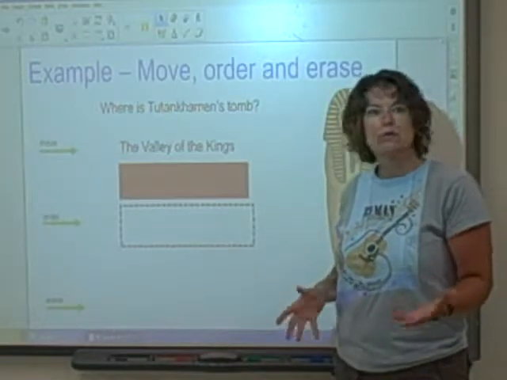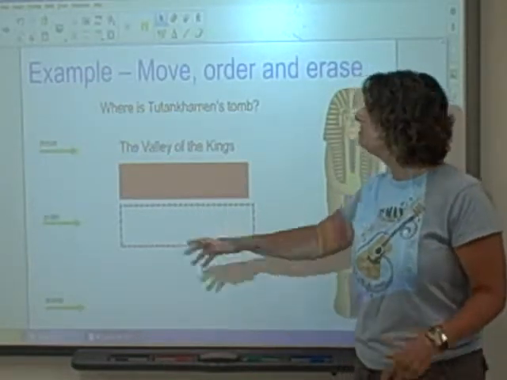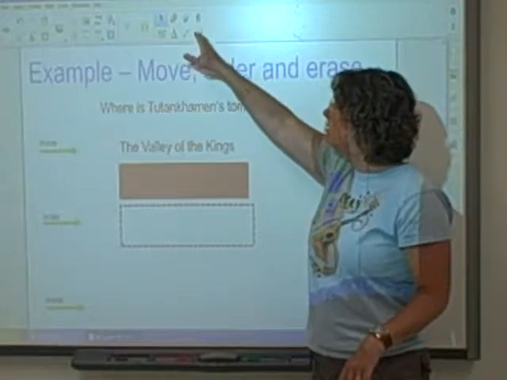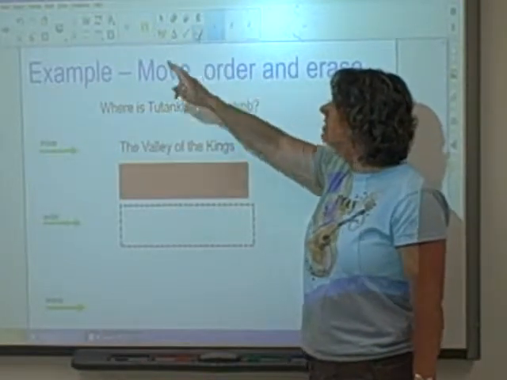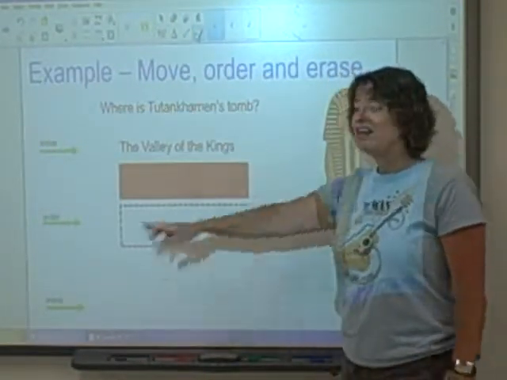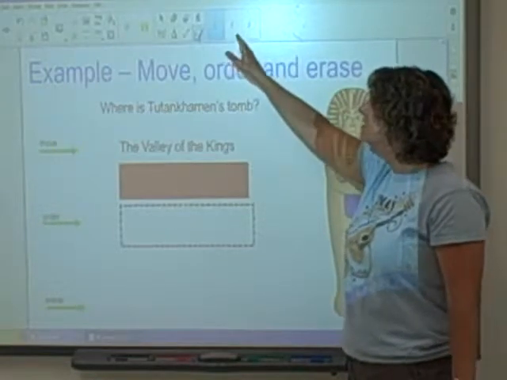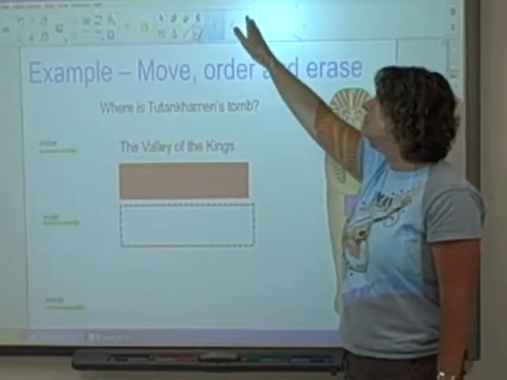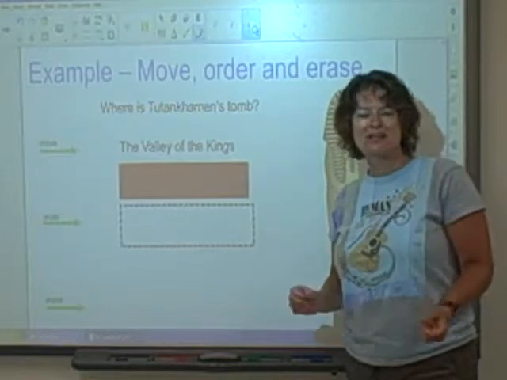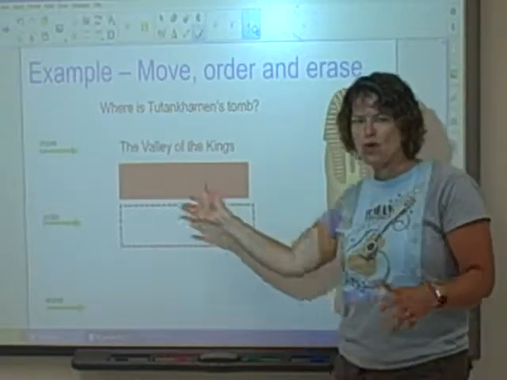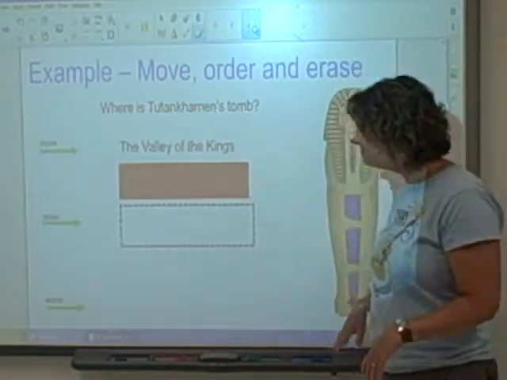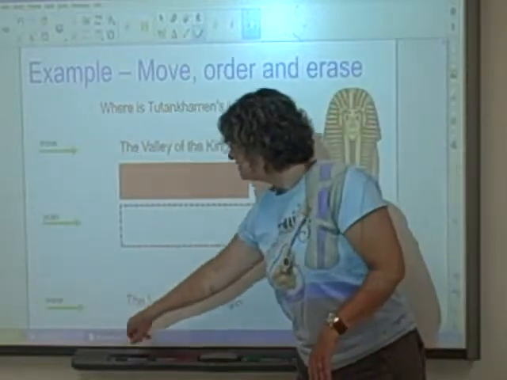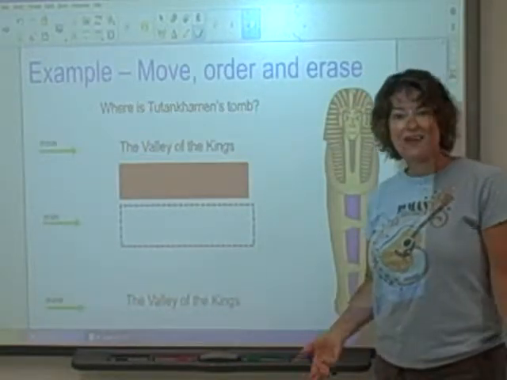To reveal the answer, we erase that pen. So we select our eraser from the lower right-hand corner of our tools palette. I like to choose in the contextual palette the eraser all the way to the right-hand side, so I have the biggest eraser possible. That way, with one swipe, there's my answer. And I'm going to erase and reveal the Valley of the Kings.